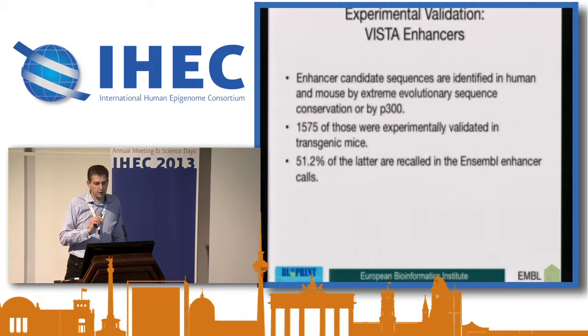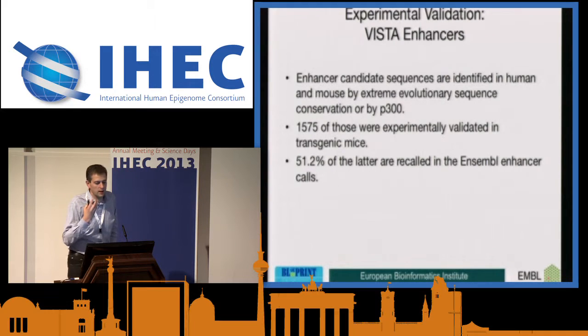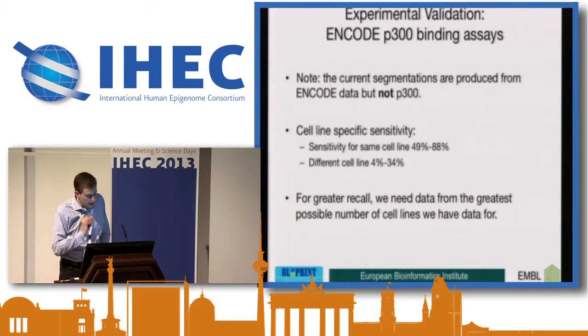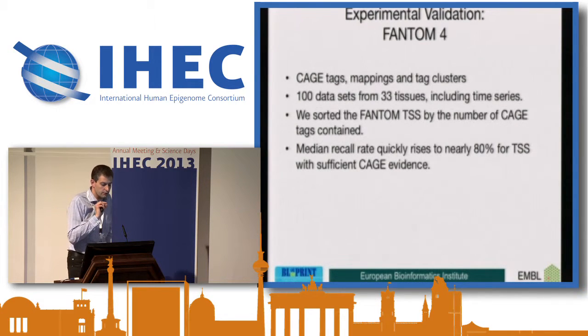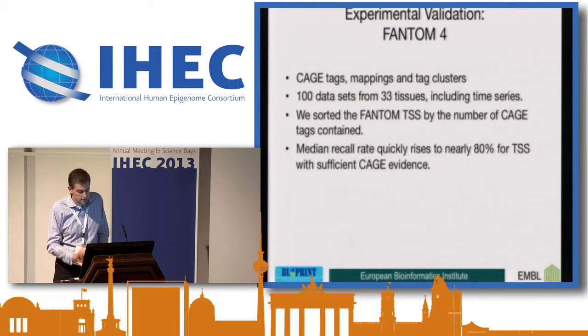This is very likely to be correct, and I know I'm hitting my limit here. We've looked at a number of different ways that we can convince ourselves this is correct by looking at VISTA enhancers, P300 binding assays from ENCODE, as well as data that was generated from FANTOM 4, where we have CAGE tags and tag clusters.